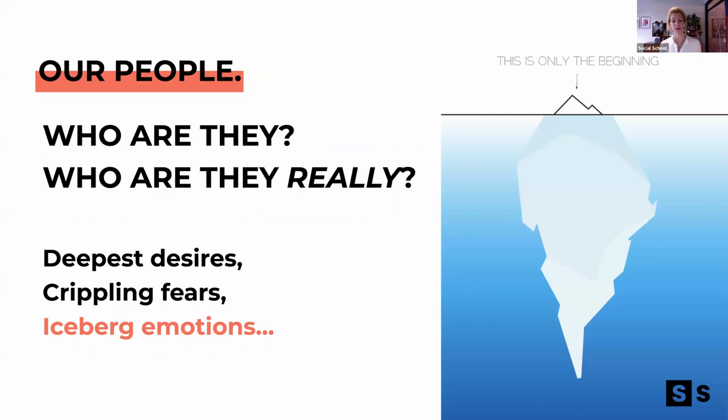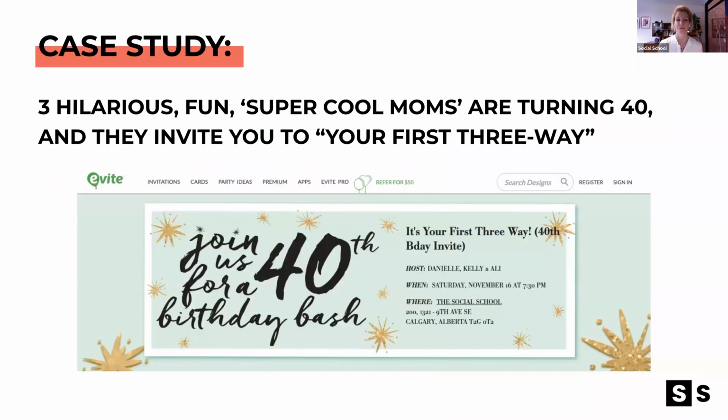What are those deepest desires? Maybe the crippling fears, and then ideally thinking about what's below the surface that we can speak to in a very clever way. And this is where we have copywriting classes all day long, because we create the kind of copy that really hits home, the imagery, video, and visual content that we see today, with the words and the headlines and subject lines and copy that makes me feel like you get me.